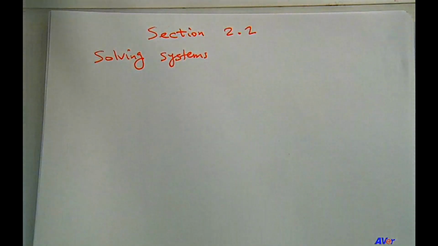Well, hello everybody. Welcome to our discussion of section 2.2, where we will talk about the Gaussian elimination method or Gauss-Jordan method of solving a system.